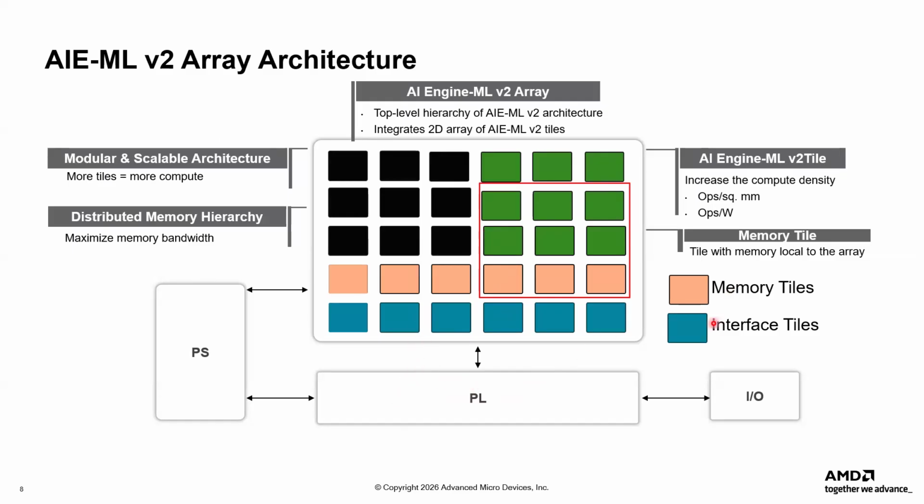So it's going to go through these interface tiles. The native bit width on that is 32 bits. It can go up to 64 bits by combining two interface tiles together, or you could actually do 128 bits, but 128 bits is going to take two clock cycles.